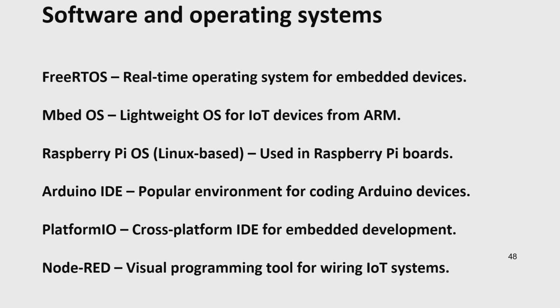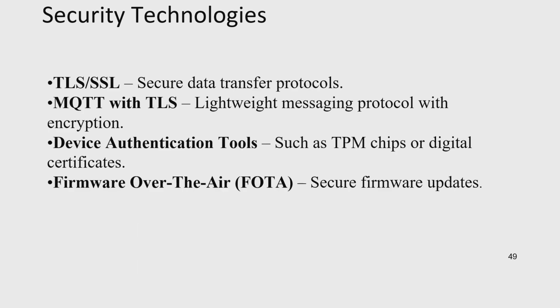It is used in Raspberry Pi boards. Raspberry Pi boards can be purchased nowadays very cheap, within a few thousands only. Arduino IDE is a popular environment for coding Arduino devices. Arduino boards can also be purchased very easily. PlatformIO is a cross platform IDE for embedded development, and Node-RED is a visual programming tool for wiring IoT systems.